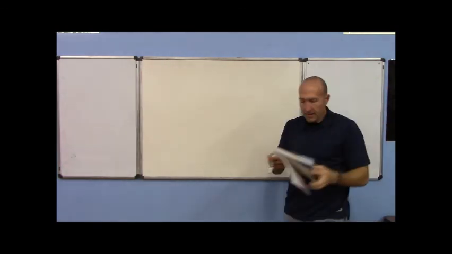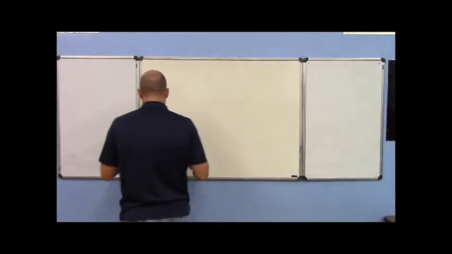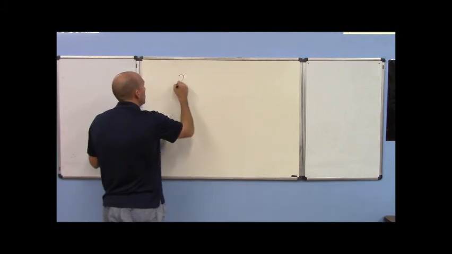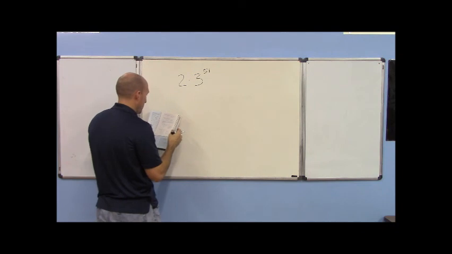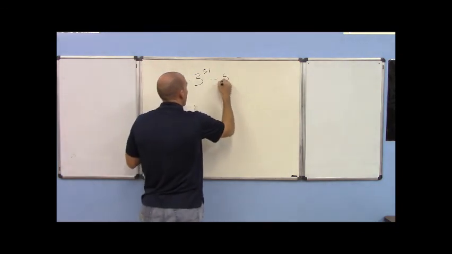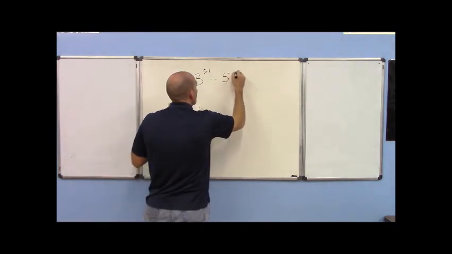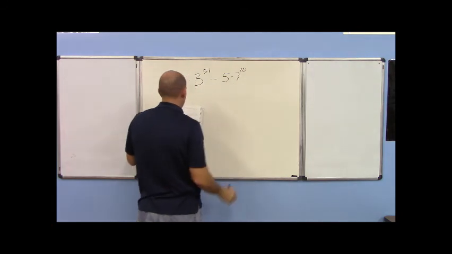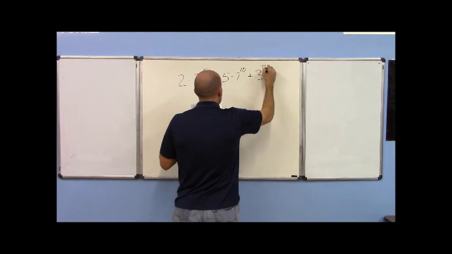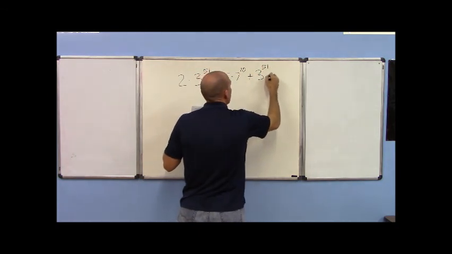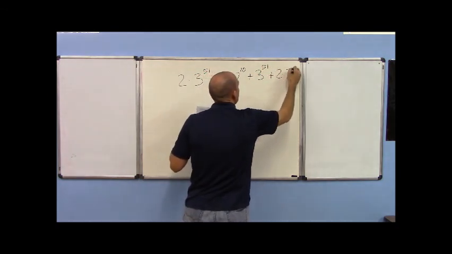All right, we're going to look at example 4. We have 2 times 3 to the power of 51 minus 5 times 7 to the power of 10 plus 3 to the power of 51 plus 2 times 7 to the power of 10.